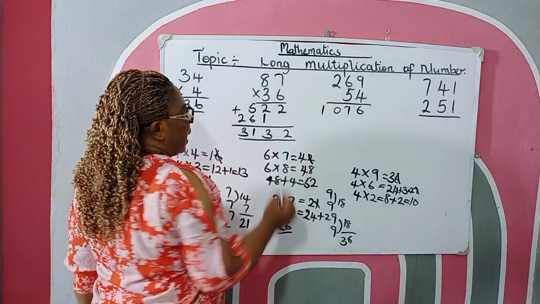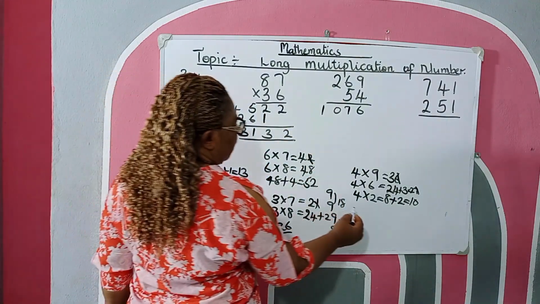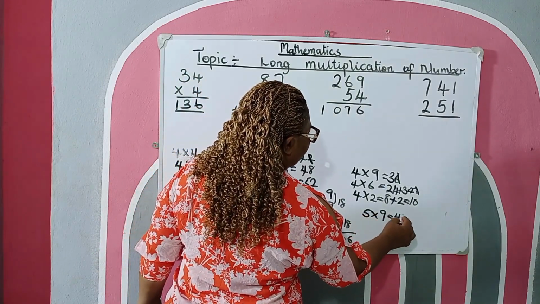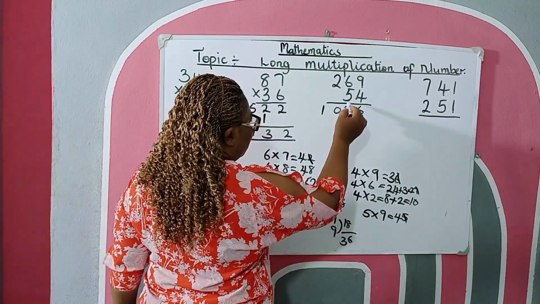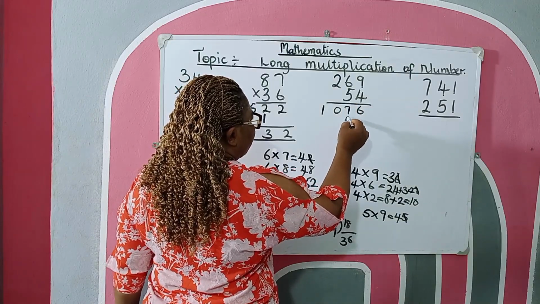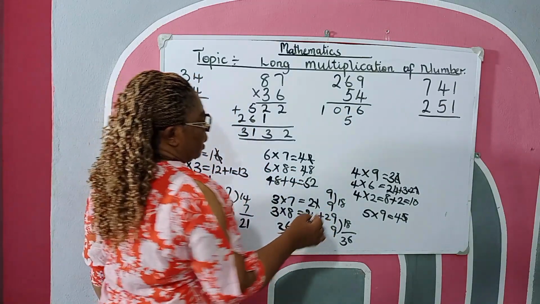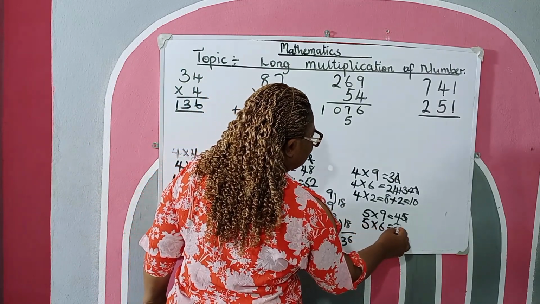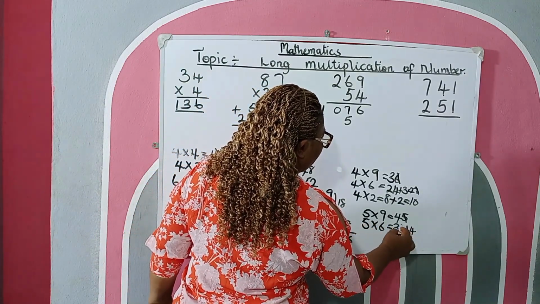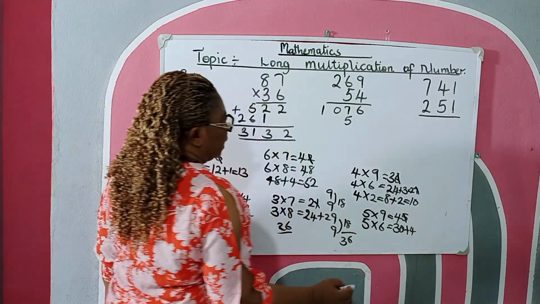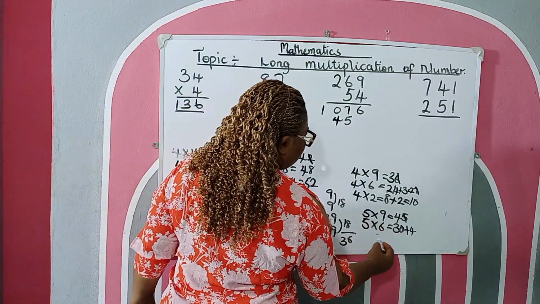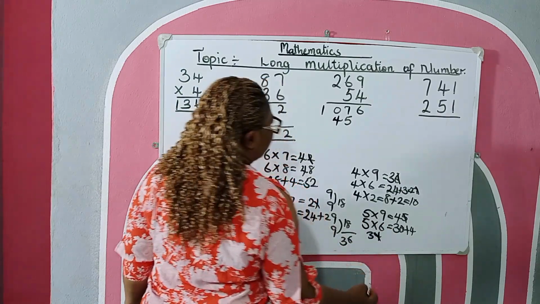We get to the tens line. 5 times 9 will give us 45. Then we write 5. Look at where we're going to write the 5. Here. Again, 5 times 6 will give us 30. 30 plus 4 will give us 34. We write 4.